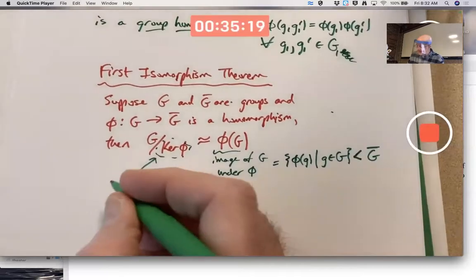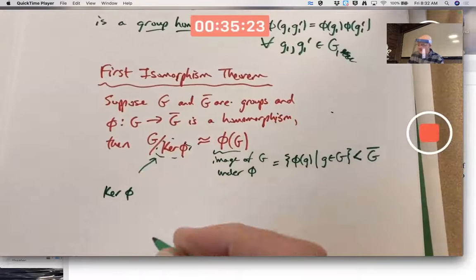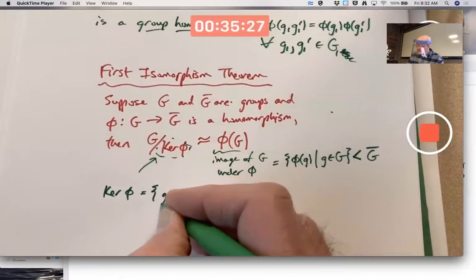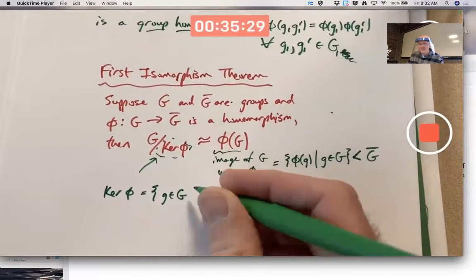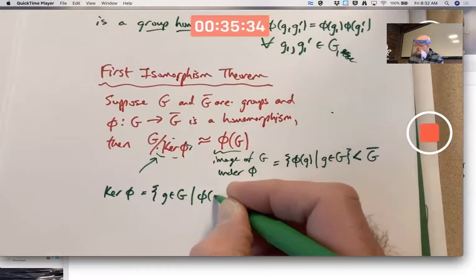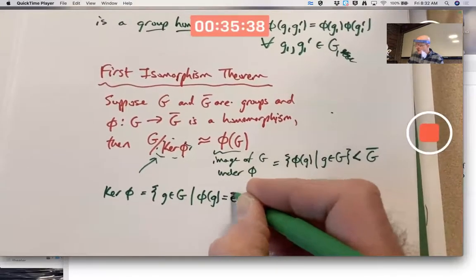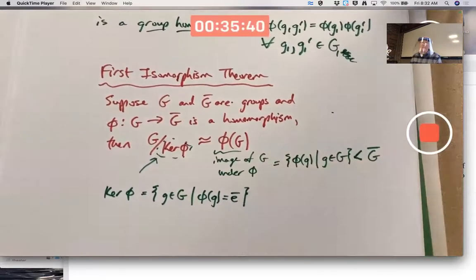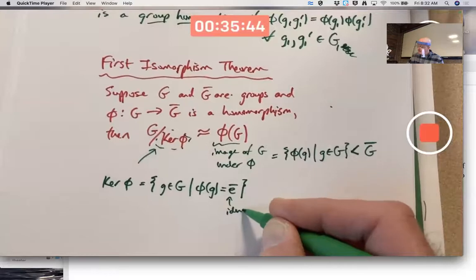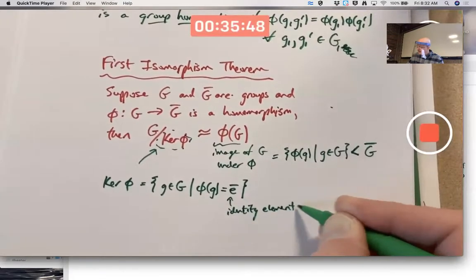Kernel generalizes that concept to a group homomorphism. Kernel of phi. It's the set of everything in G, capital G, that gets mapped to the identity element of G bar, I'll call it E bar. Identity element of G bar.